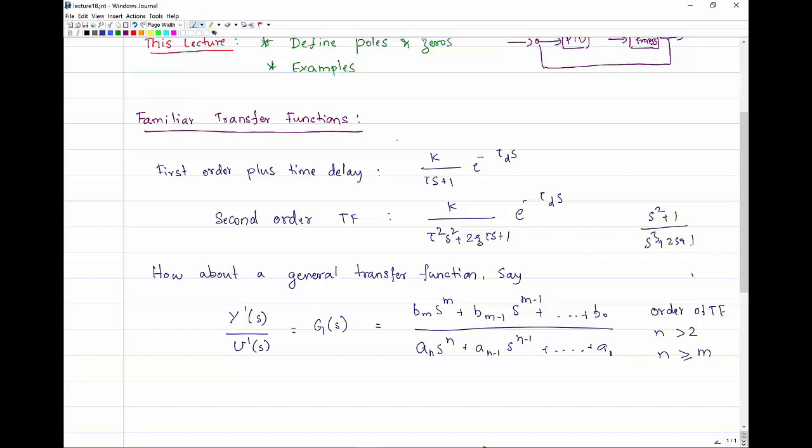So for instance, s squared plus 1 over s cubed plus 2s plus 1 is a causal system, and these are physical systems. They occur in nature. On the other hand, the inverse of it, which is s cubed plus 2s plus 1 over s squared plus 1, it is hypothetically possible to have a transfer function like that, but you will never find a system that behaves according to that transfer function, because those transfer functions correspond to non-causal systems where the future affects the past, which is something that we never see in reality, in practice.